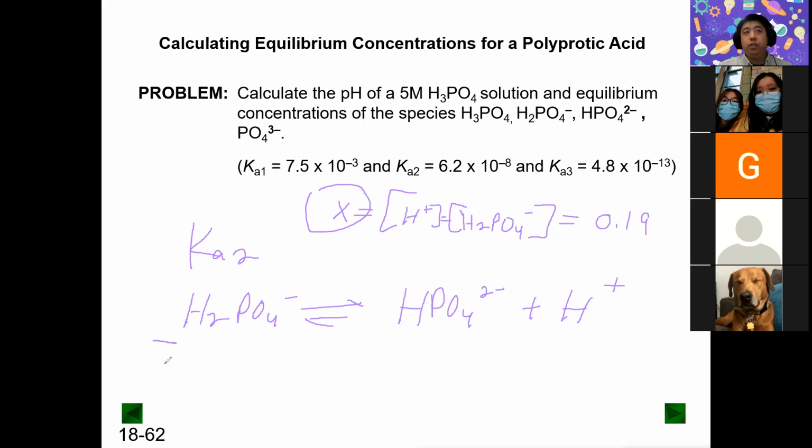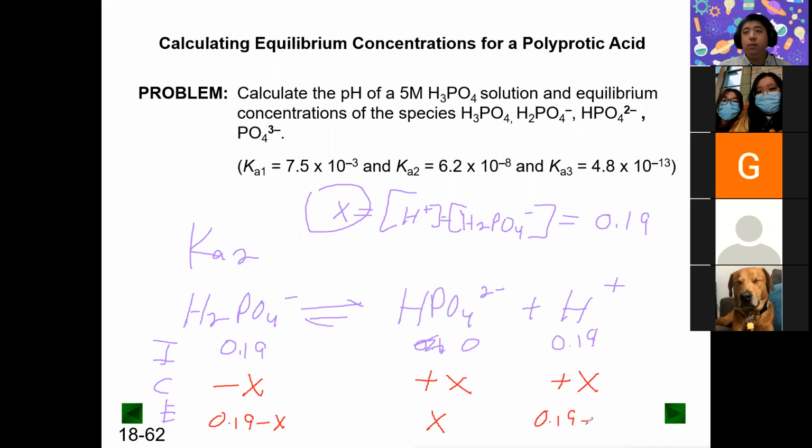The initial concentration here for our second ICE table is 0.19, 0.19 here, and this is 0, okay? So if I'm reusing the letter x, this is minus x here, plus x, plus x. So this becomes 0.19 minus x. This is just x, and this is 0.19 plus x. Okay, is everyone following along so far?